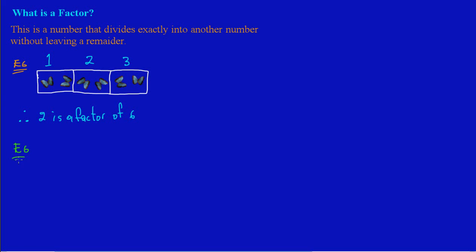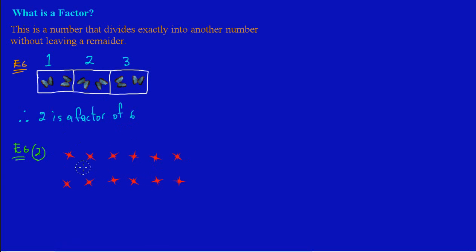Let's say we had some stars, and here I have 12 stars, my friends: 1, 2, 3, 4, 5, 6, and 1, 2, 3, 4, 5, 6. So here we have 12 stars.